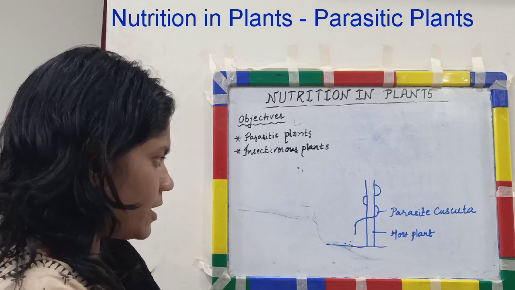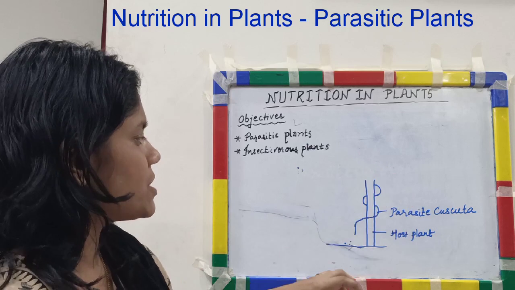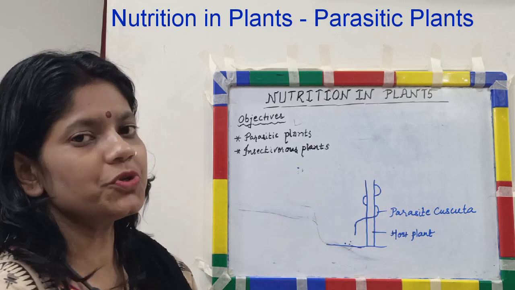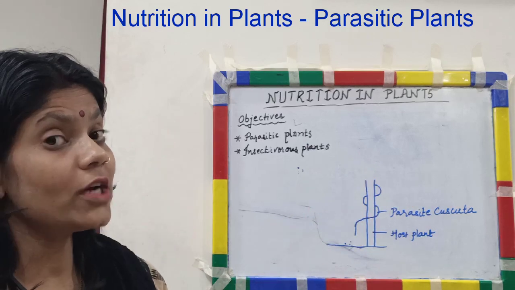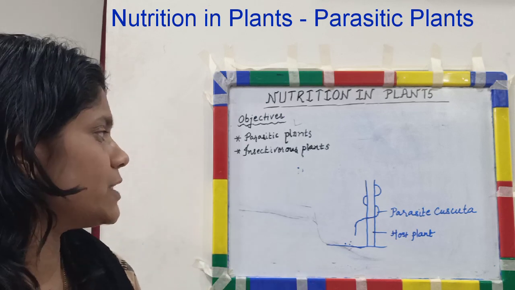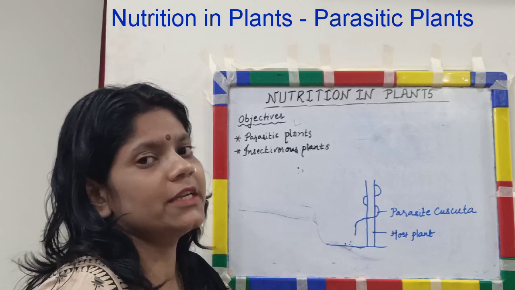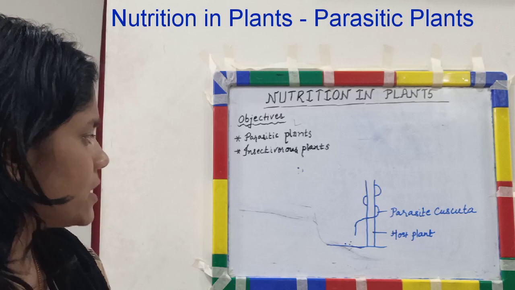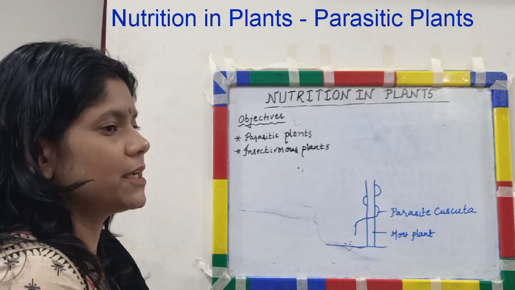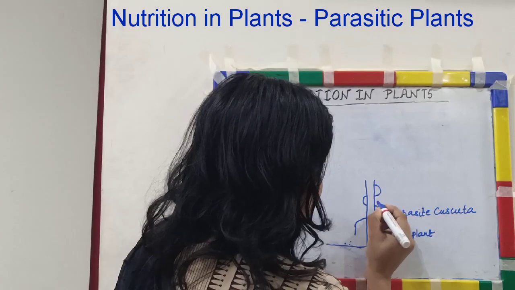So now what is happening? It is growing on another plant. Now the question is, how does it take its nutrition? Because it does not have green leaves. It does not have any food factory from which it will produce its food. But it does need food. So how would it derive its food? For deriving its food, there is a very important structure called haustoria. We will see what actually happens.